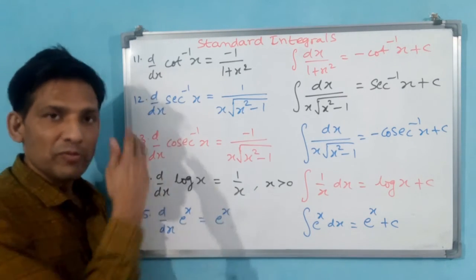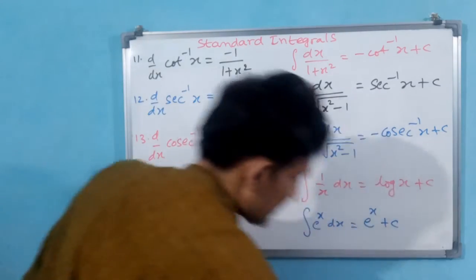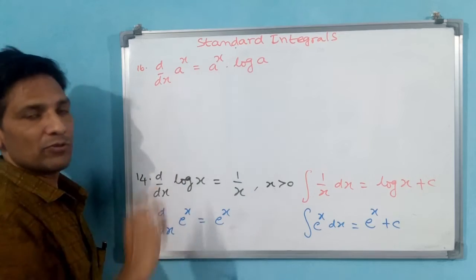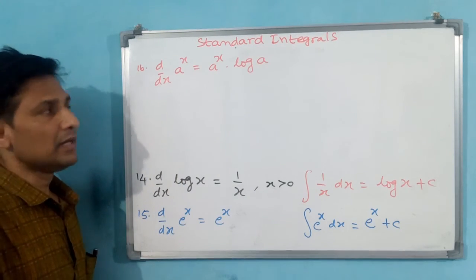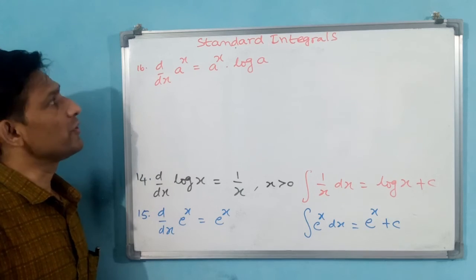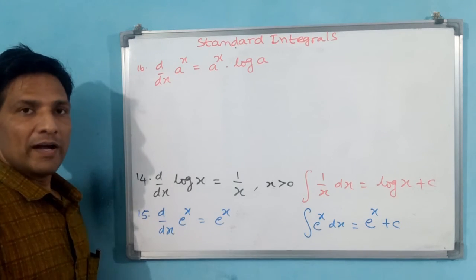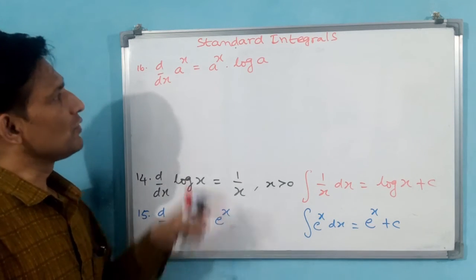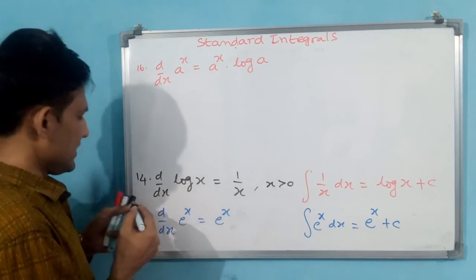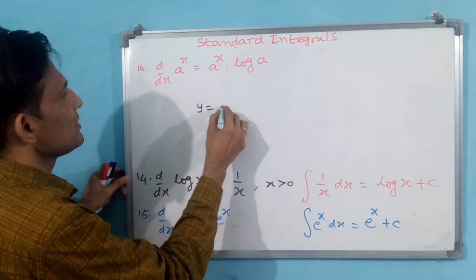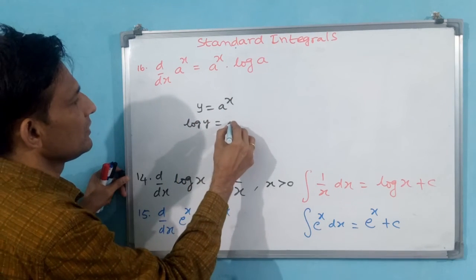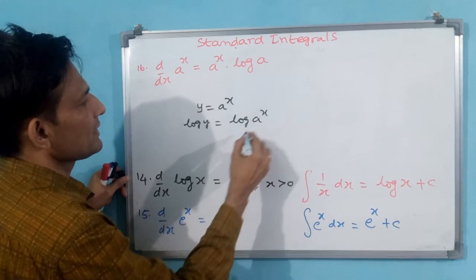Based on e power x, we will do a power x, that will be last for this class. d by dx of a power x is equal to a power x into log a. This we know very well. Why? Because take y is equal to a power x, and apply log to both sides: log y is equal to log a power x.